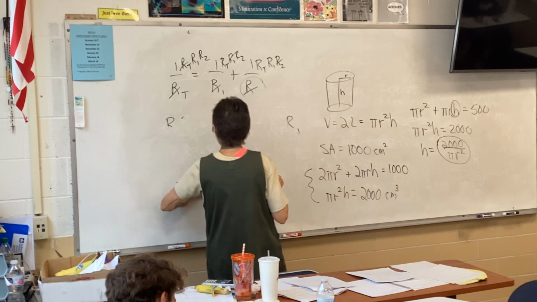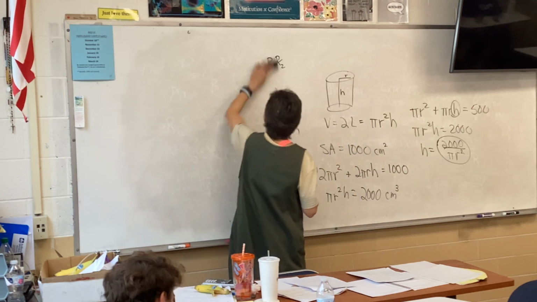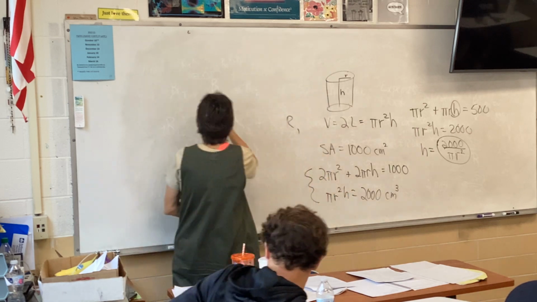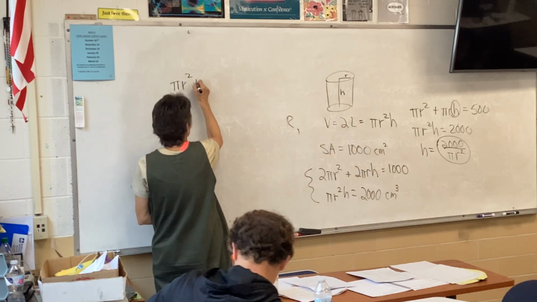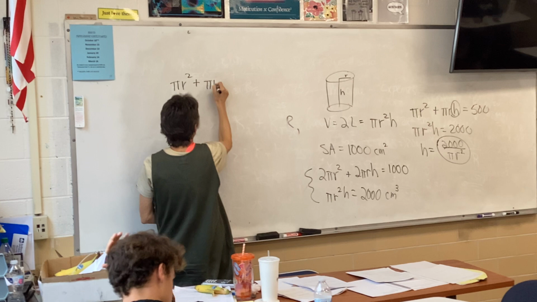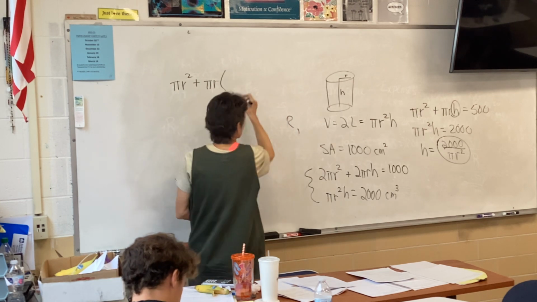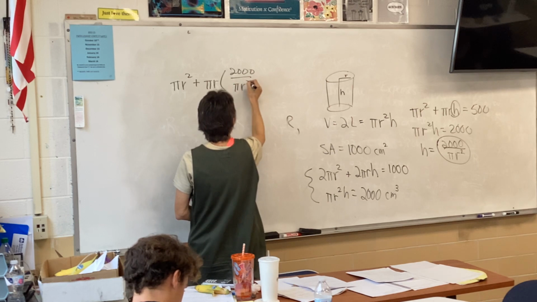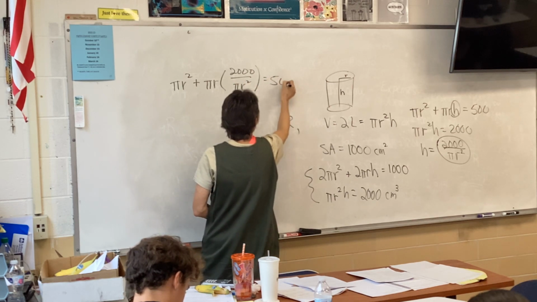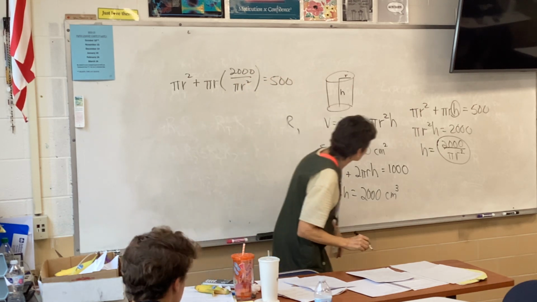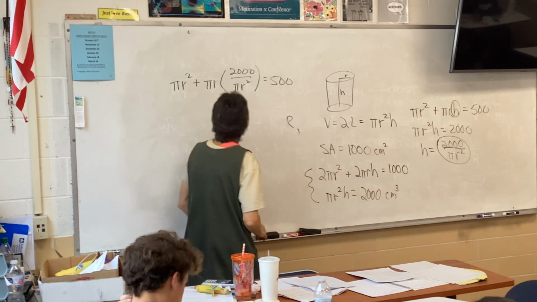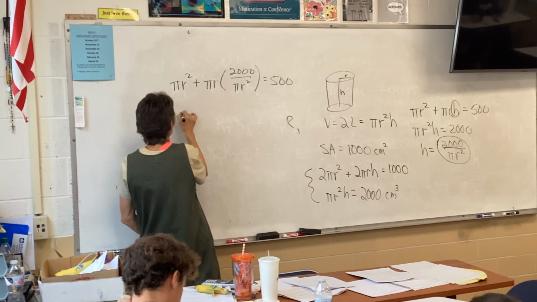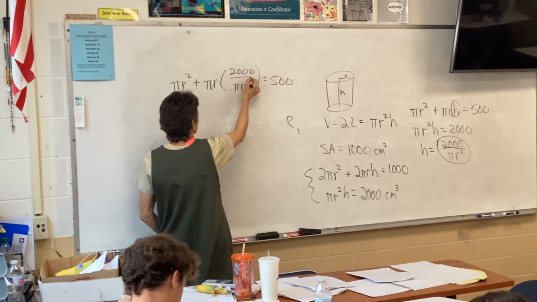So what's that equation going to look like? Pi r squared plus pi r times 2,000 over pi r squared equals 500. Did I make that transition right?